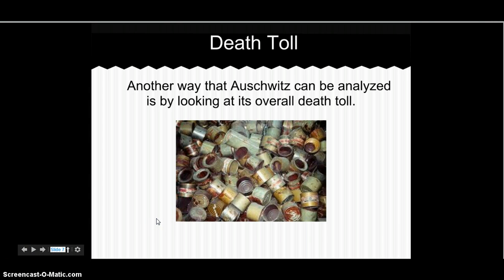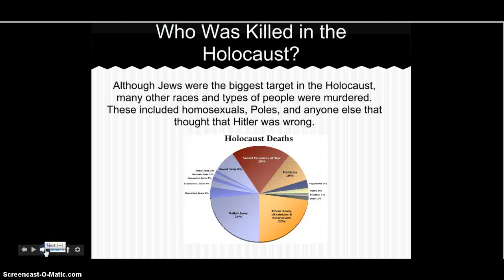Another way that Auschwitz can be analyzed is by looking at its overall death toll, and actually these are empty cans of Zyklon B gas tablets. Who was killed in the Holocaust? Although Jews were the biggest target in the Holocaust, many other races and types of people were murdered. These included Poles, homosexuals, or anybody else that Hitler thought was wrong.